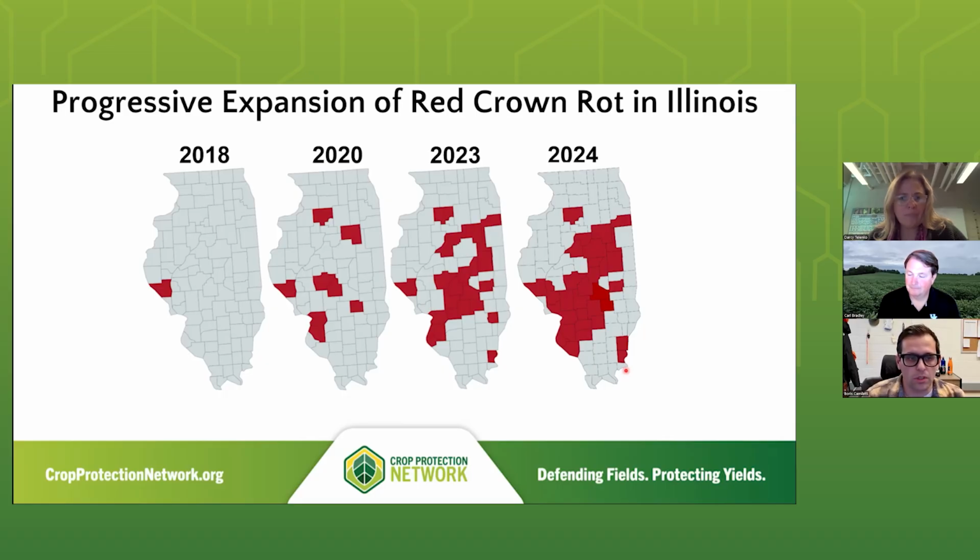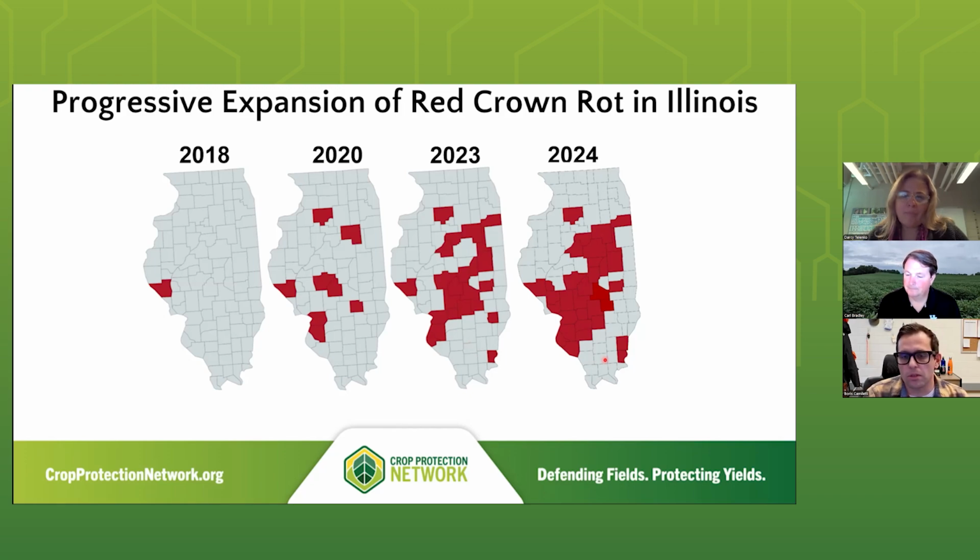It was first reported in 2018 in Pike County in West Illinois. By 2020, we had new counties where the disease was confirmed, more isolated locations. And by 2023, new counties were added. Like every year, we added new counties to this map, and this is how it looks now after processing of the samples from this year in 2024.